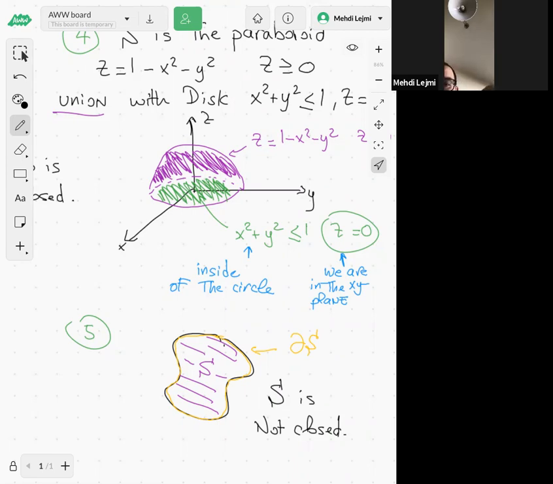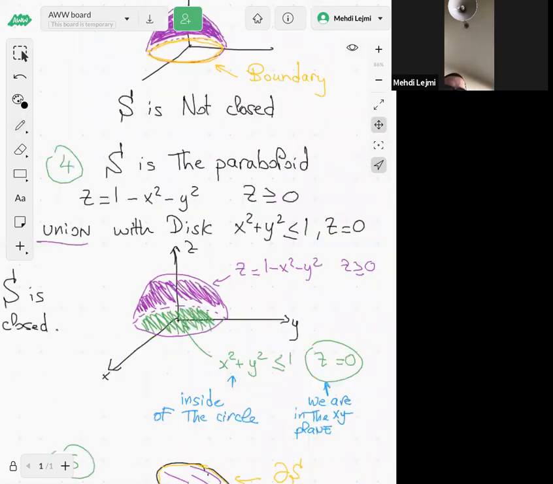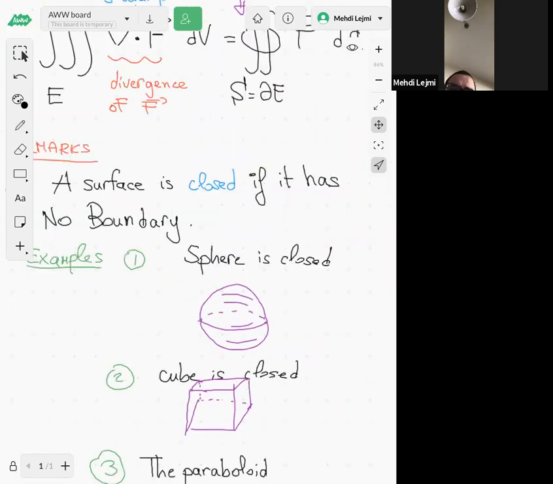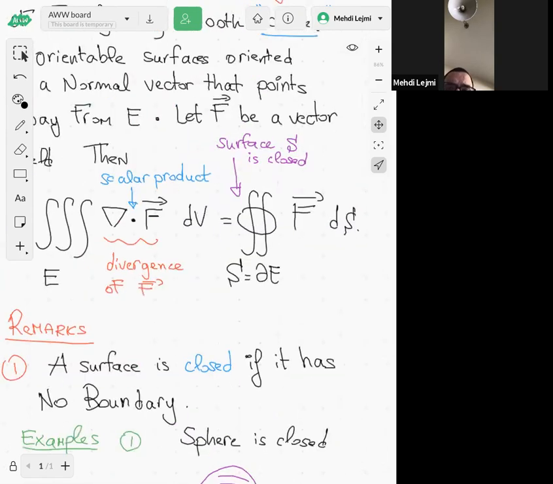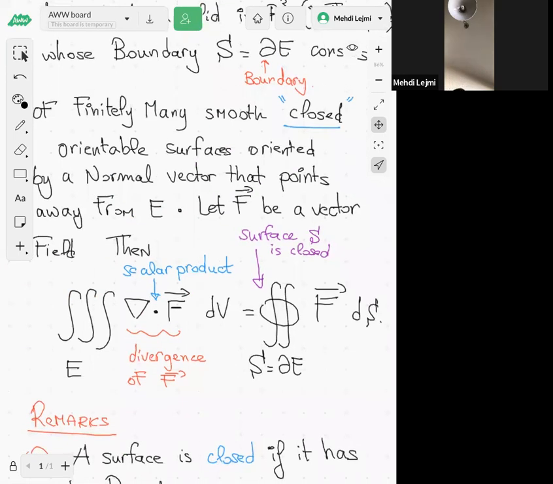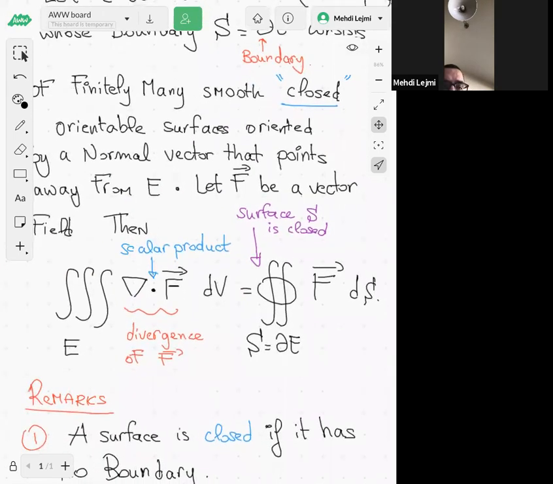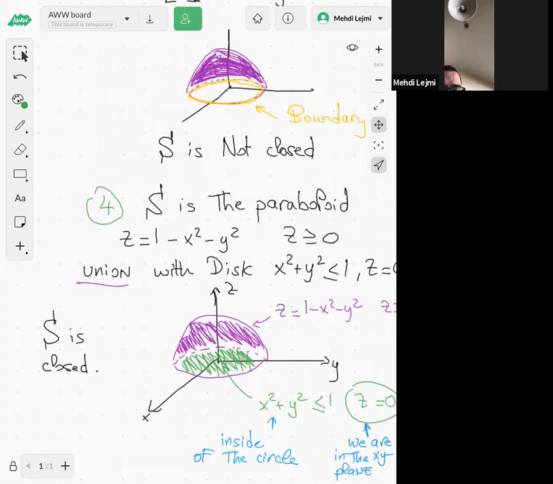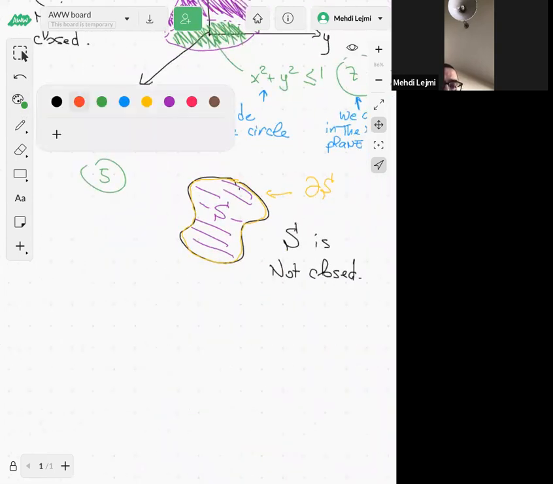Now, the second remark. Let me know if you have any question about this notion of closed surface, guys. Now, the second thing I'm going to discuss is the orientation, right? So we need the boundary, which is a surface in this case, to be oriented by a normal vector that points away from E. This is remark number 2.